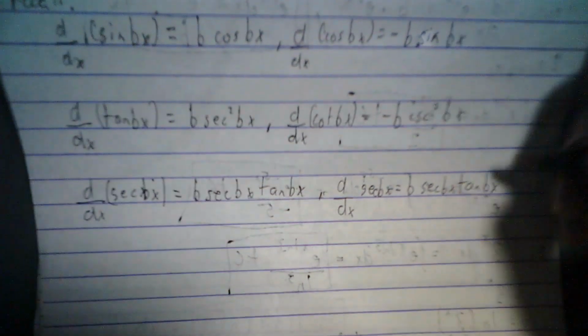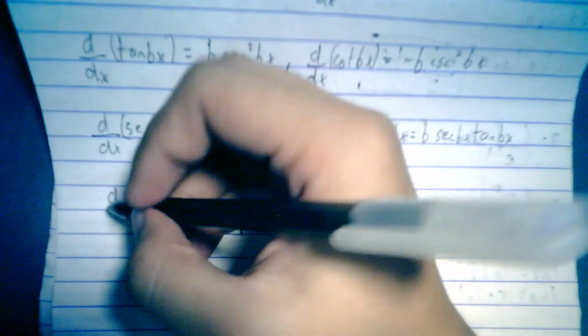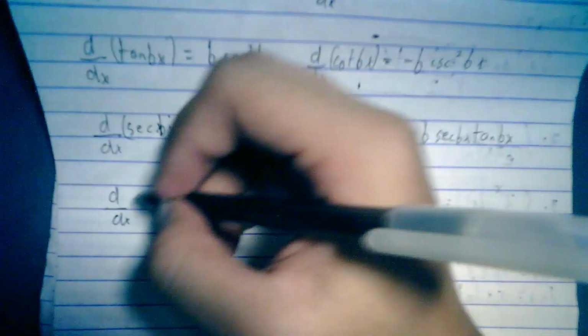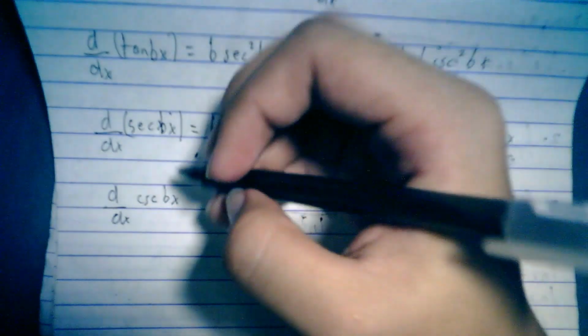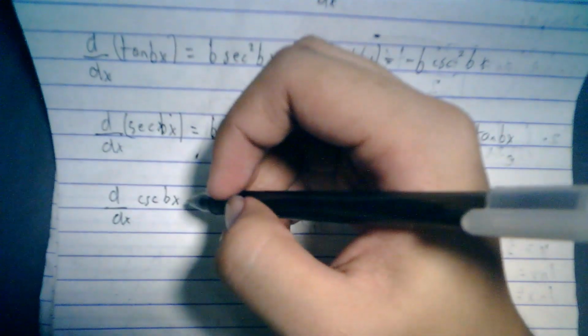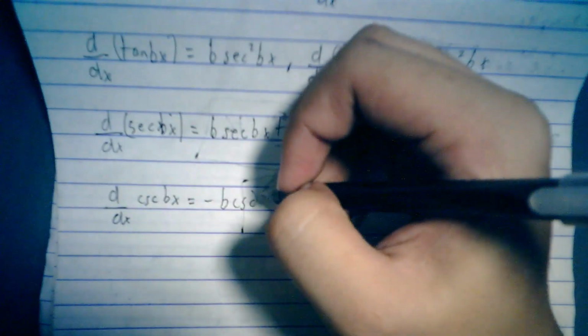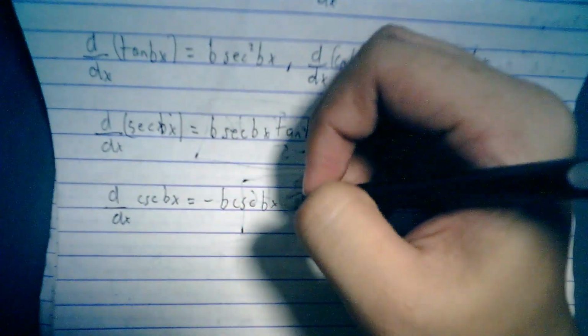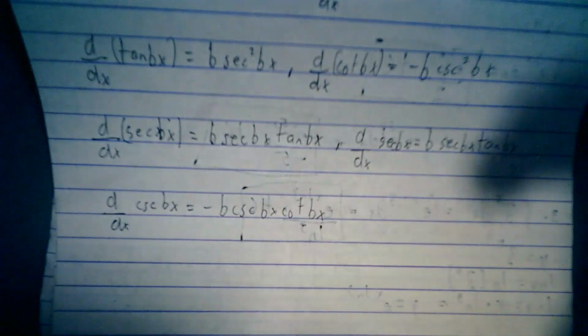And lastly, we have the derivative of cosecant bx. The derivative of that is just equals to negative b cosecant bx cotangent bx.